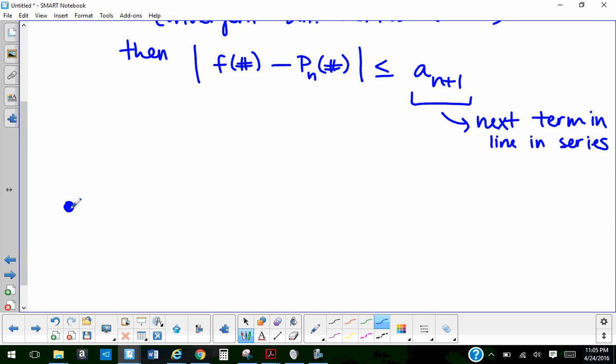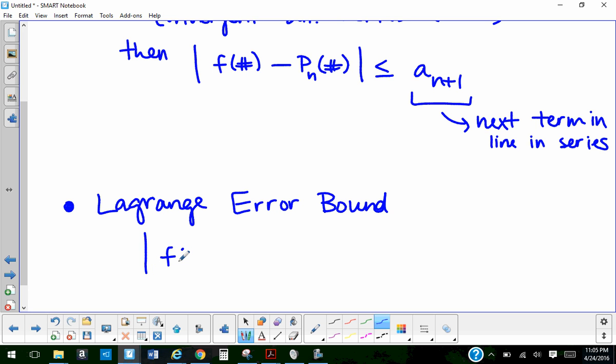Then we also have Lagrange error bound. And that's the same sort of idea. Lagrange error bound talks about the difference, again, between the real value of the function and the Taylor polynomial at those same numbers. It's going to be less than or equal, and it was an absolute value.